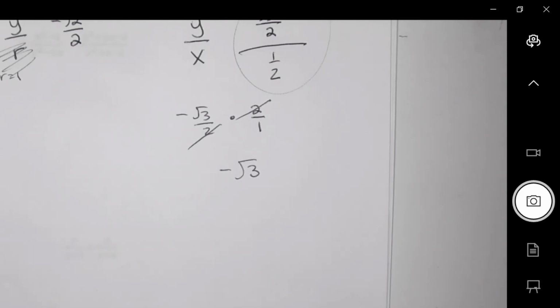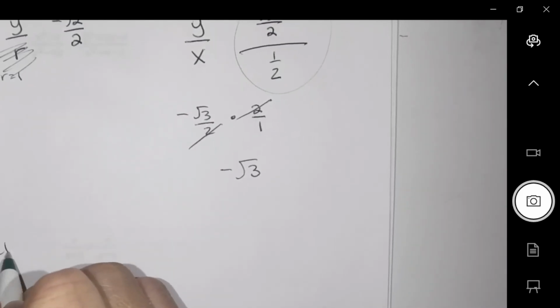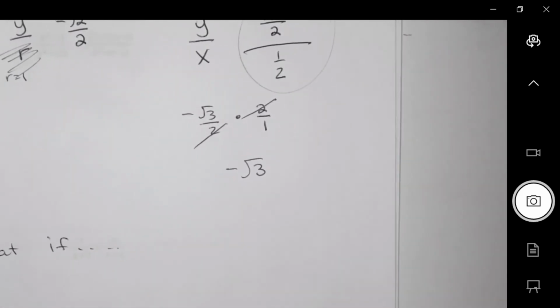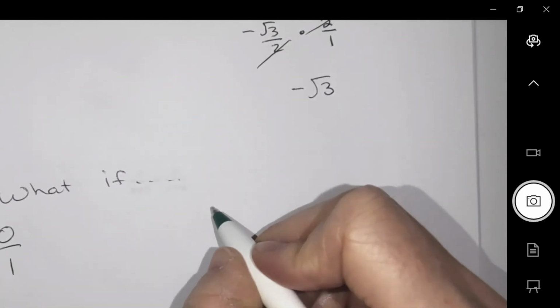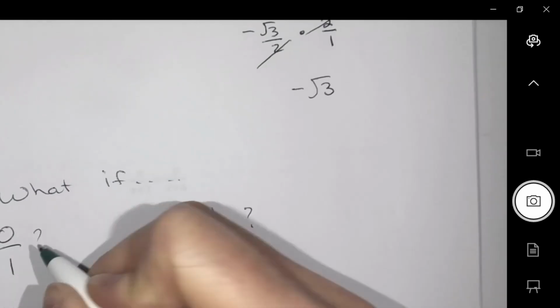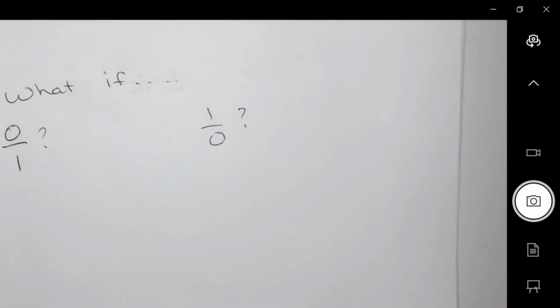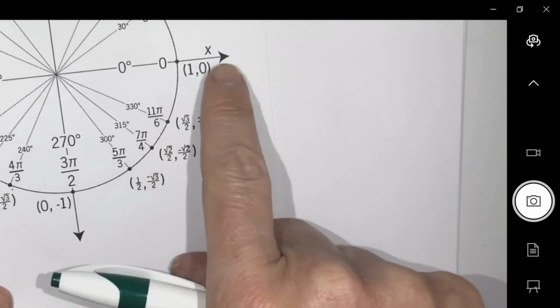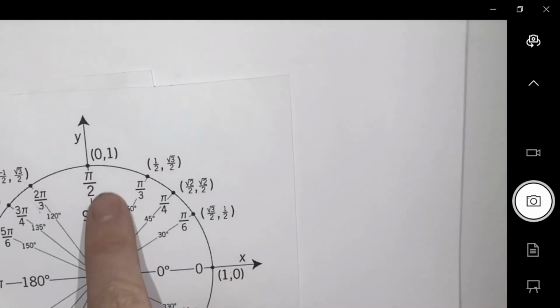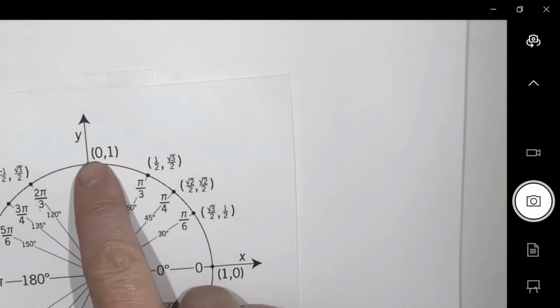Okay. Just a note, what if this happened? What if you ended up with these values, a 0 divided by 1? Because that could happen somewhere, right? Y divided by x, that could happen there. Or on the 90 degrees, you could get a 1 divided by 0.